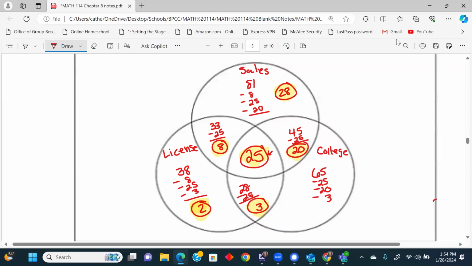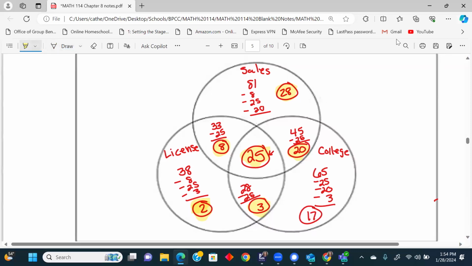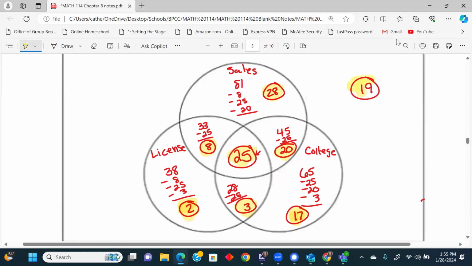That gives 17. Okay, so there's 17 in this circle. I think there was one more piece of information. It says 19 with no sales experience, college degree, or real estate license. So that was the very last one. That is this here. Okay, 19, none of the 3.